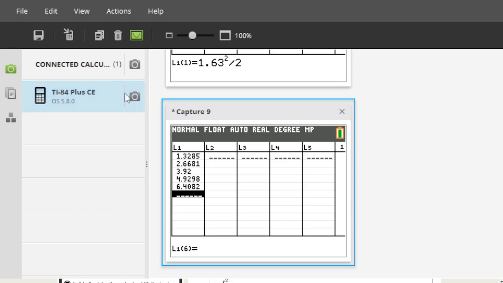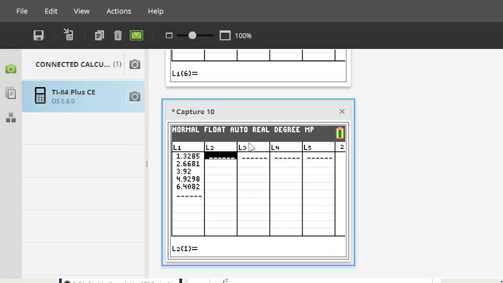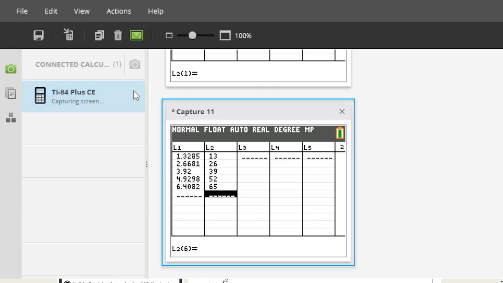Then we go to our second column. Here's where we enter the y's, and these were all multiples of 13. So there we have everything entered. So now that we have this, we have to do our linear regression. So we hit our Stat button again.